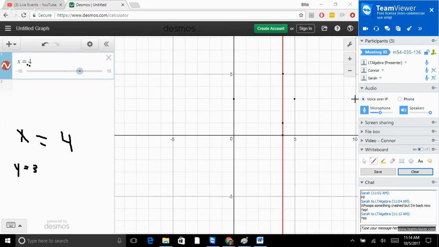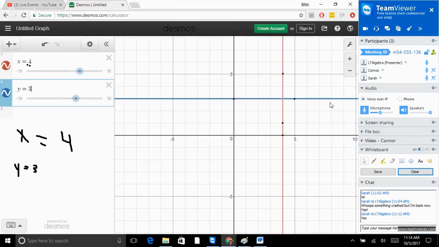When x is 10, y is 3. If I graph y equals 3, we get a horizontal line that goes through there. And this actually stays consistent with our equation y equals mx plus b, because 3 is just our y-intercept.